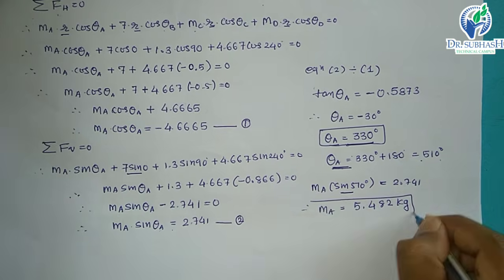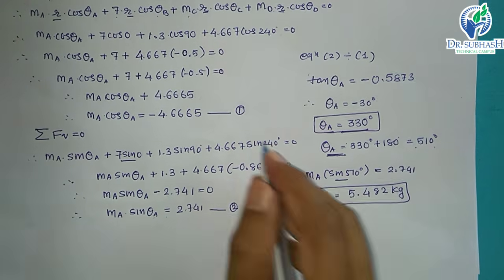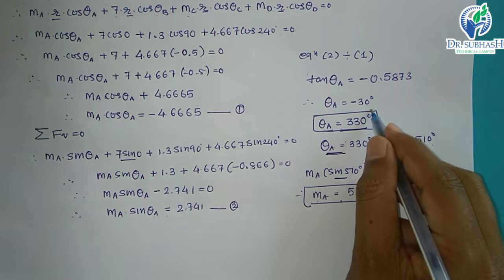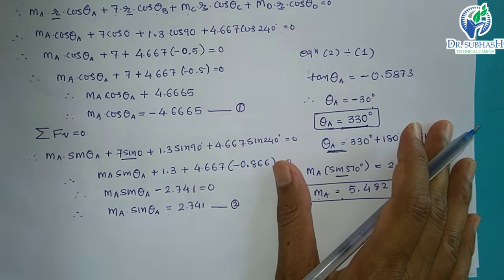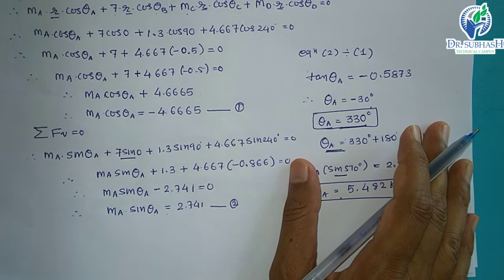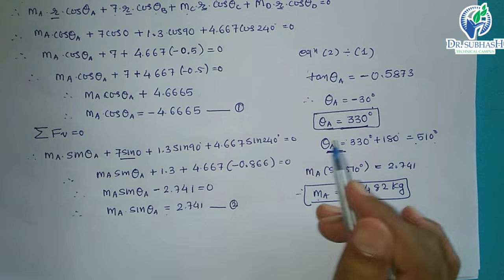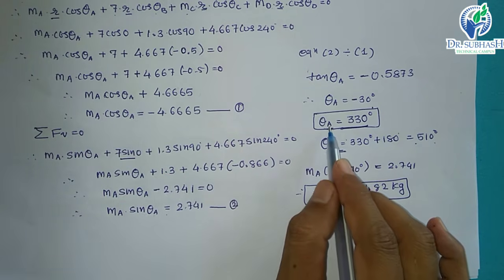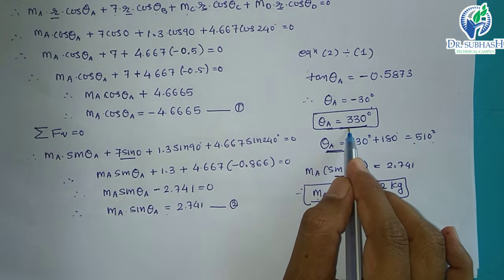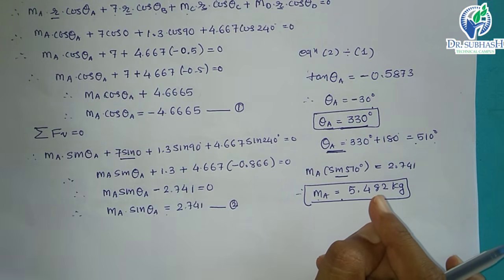So now we have the known values ma and theta a. Similarly, we have calculated mc and md. Okay, so now by considering these ma, mc and md masses, and theta a is 330 degree, our system is completely dynamically balanced.